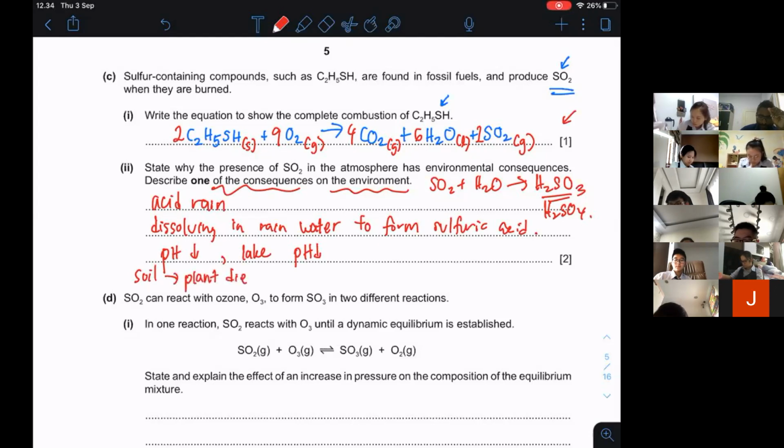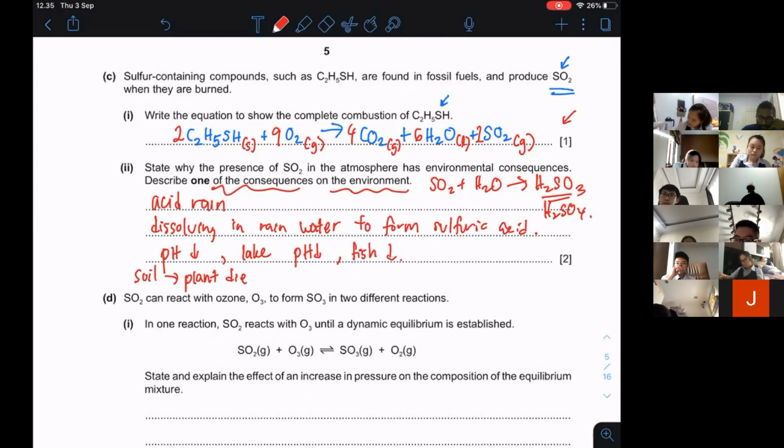If it goes to the lake, pH decreases, the fish will die. Those are the things that they want you to write down. Or you can also say that it will damage the structure of buildings. Some buildings have metal structure, so once they come into contact with this, of course the metal structure will be damaged as well.